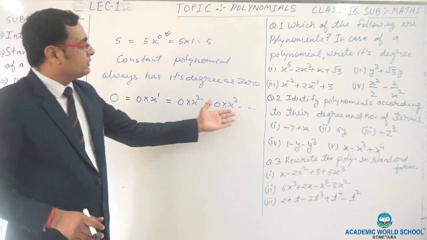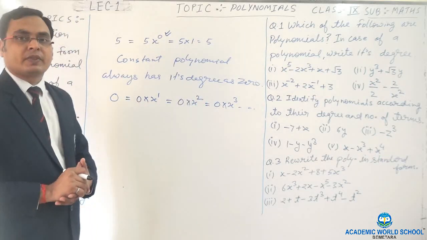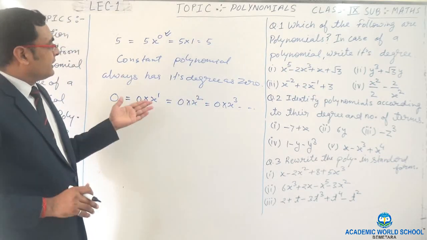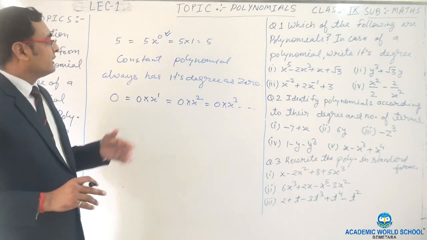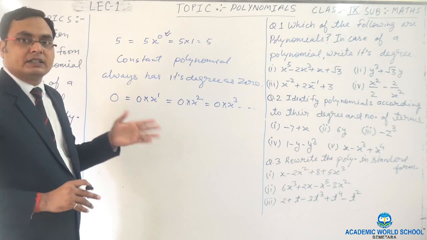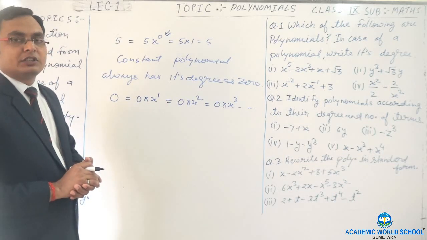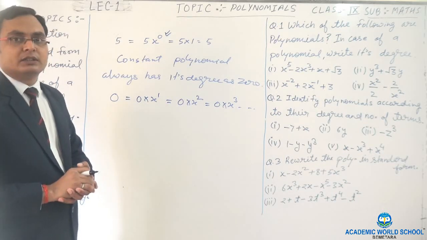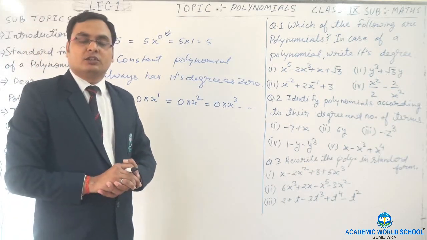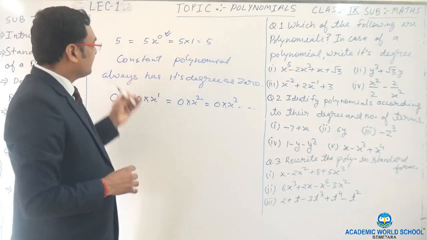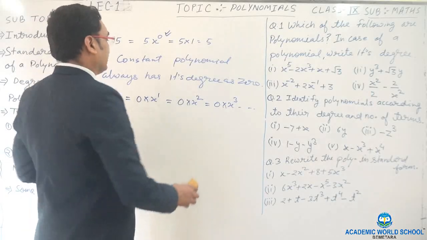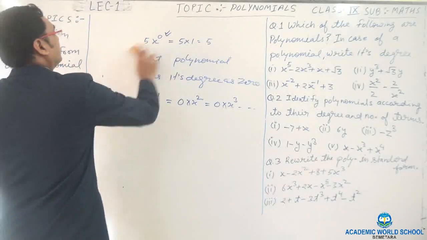All these values are equal to 0 only. So its degree is not equal to 0. So a different name is given to this polynomial, which is a zero polynomial, and the degree of a zero polynomial is not defined. These are some special polynomials, constant polynomials and zero polynomials.